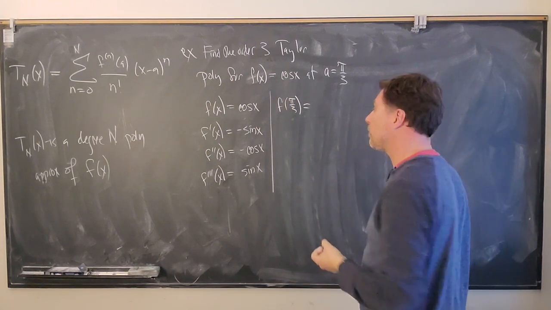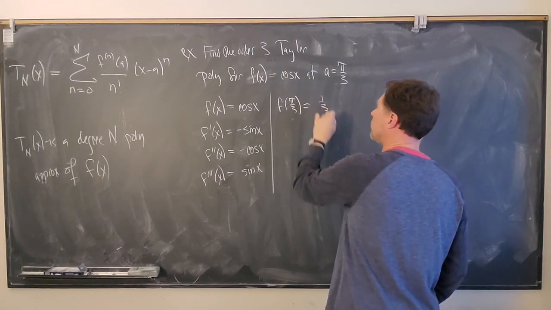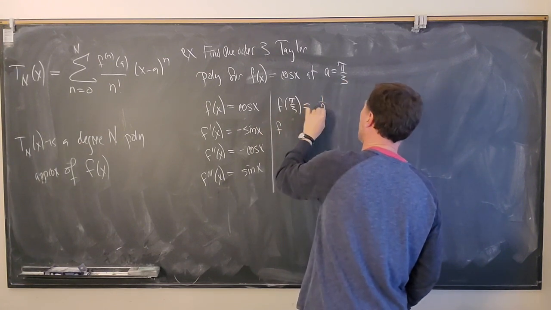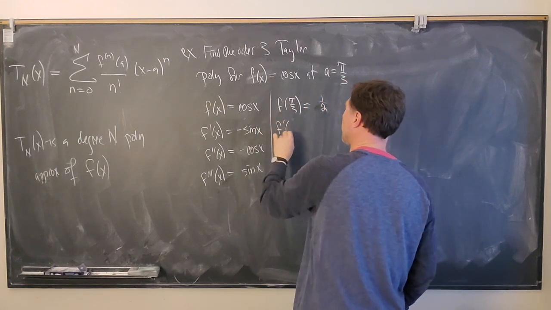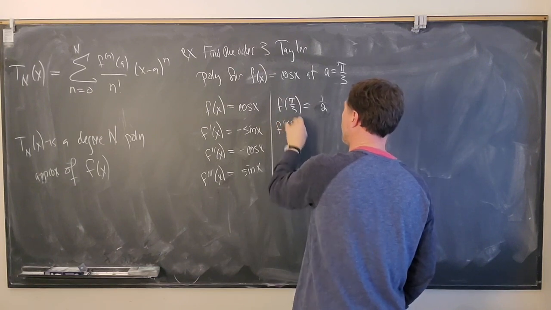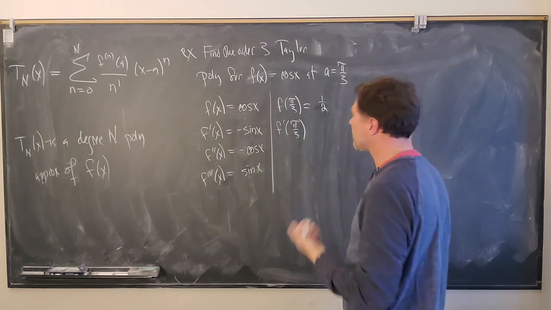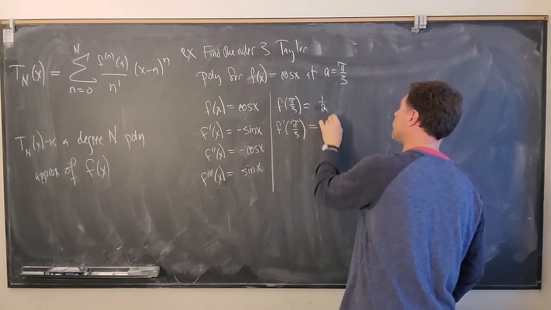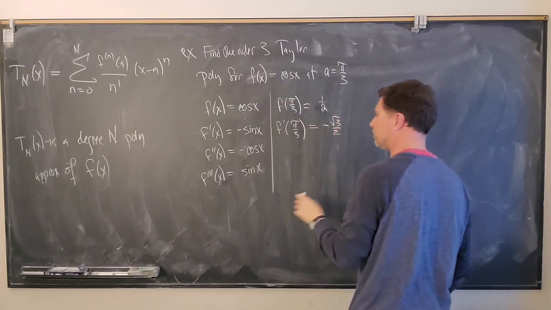That's the cosine of pi over 3, which is, sorry, not 1/3, 1/2. And then f prime of pi over 3, that's going to be negative sine of pi over 3, so that'll be negative root 3 over 2.